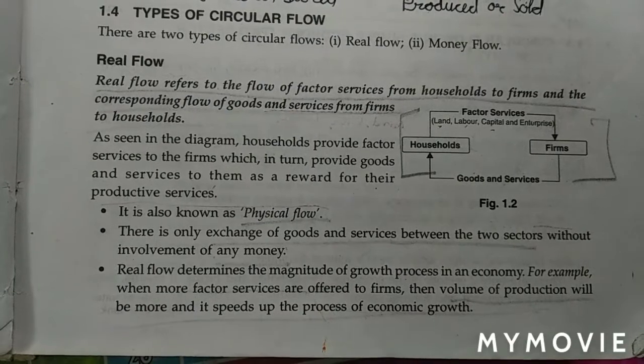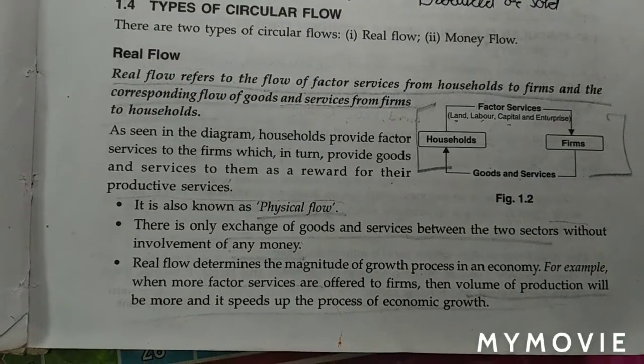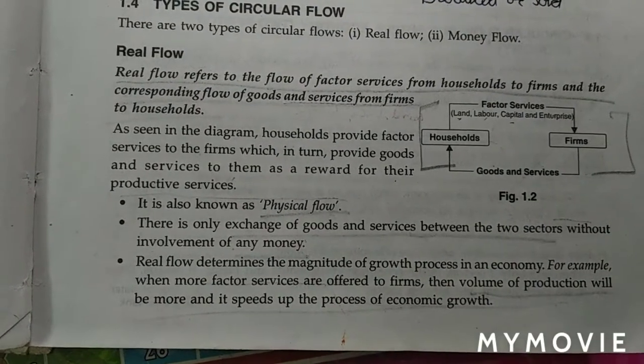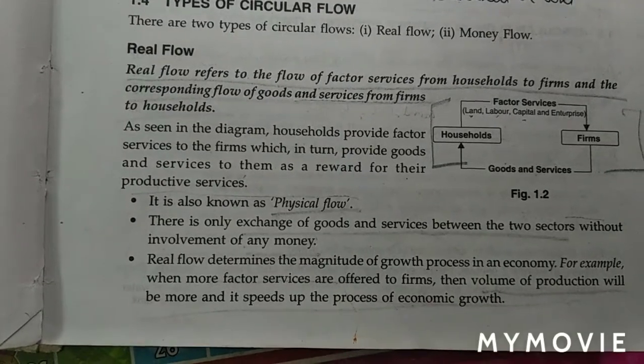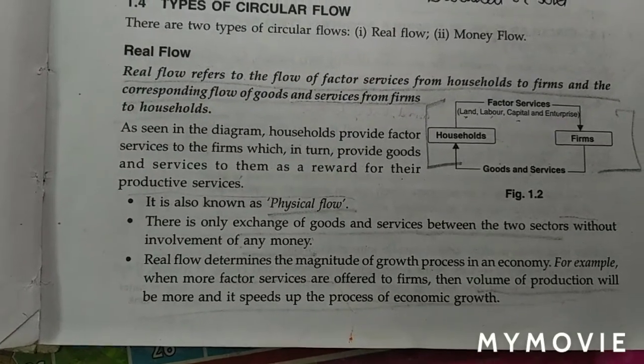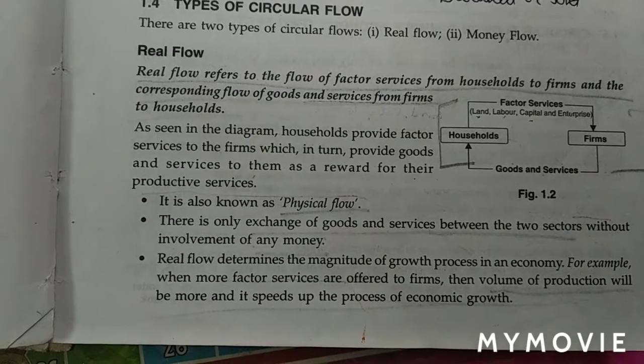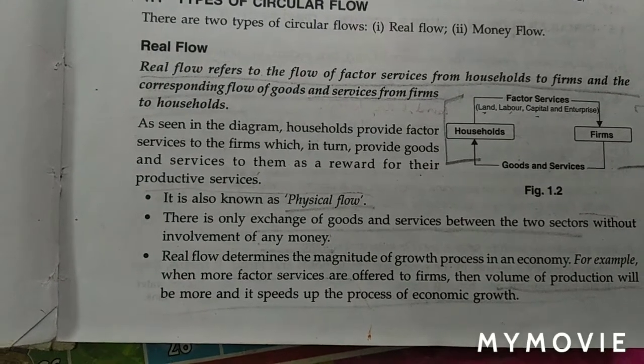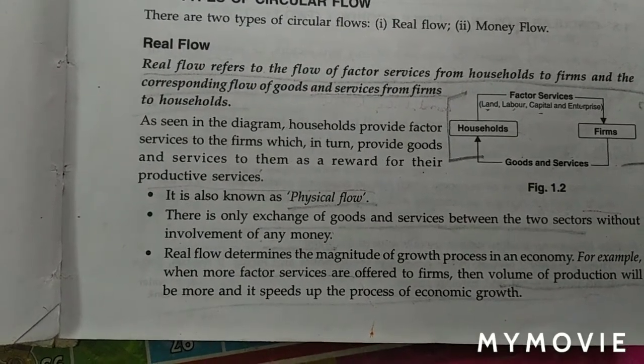So let us consider a simple economy consisting only of two sectors, producer sector and household sector. These two sectors are dependent on each other in the following ways.